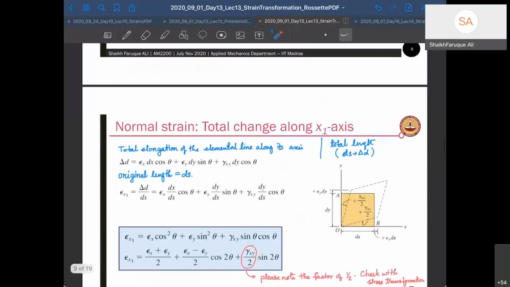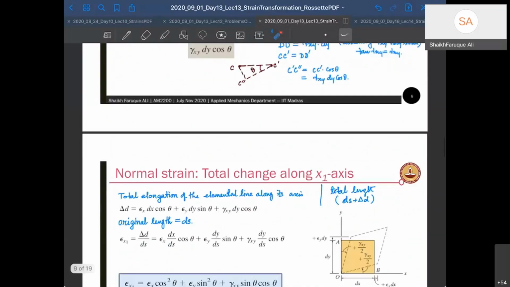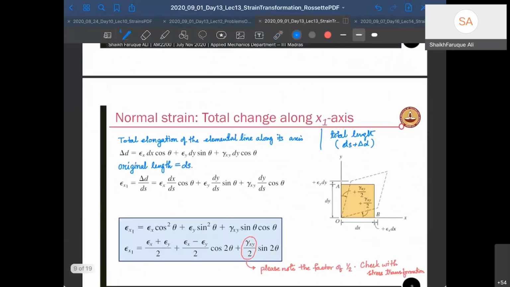Now let us look at my original configuration, in my original xy axis plane, we had epsilon x, epsilon y, and gamma xy, right? Okay, so the contribution of all of these will be there in epsilon x dash.